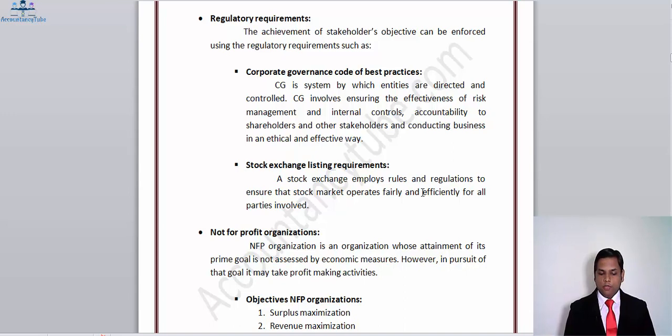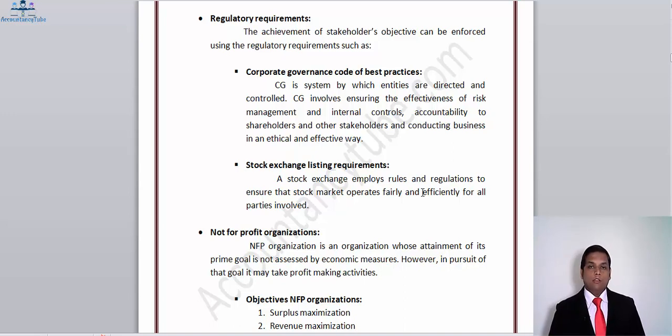After that, we have the stock exchange listing requirements. Listed companies across the world face additional regulatory requirements because the stock market needs to operate fairly. If a certain stock market in the world loses its confidence, the investors will start to pull out their money. So it's only obvious that stock exchange listed companies are highly regulated.